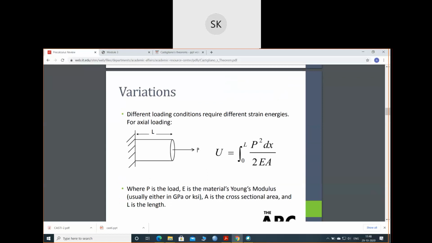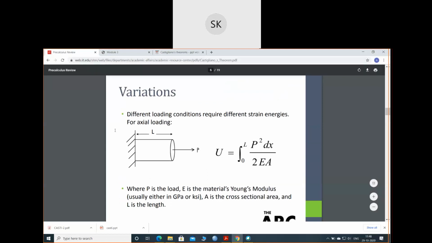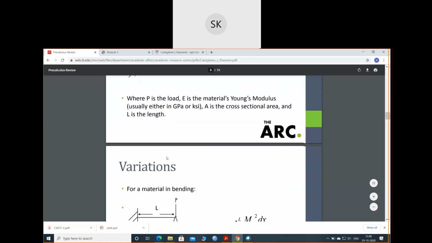Now variations. You can take the variation for the same. Different loading conditions require different strain energy. Okay. So for axial loading, the strain energy will be the integration from 0 to L, that means along the length of the beam, of P squared dx by twice EA, where P is the load, E is the Young's modulus of the material, which is represented in GPa or KSI, A is the cross-sectional area of this beam, and L is the length of the beam.